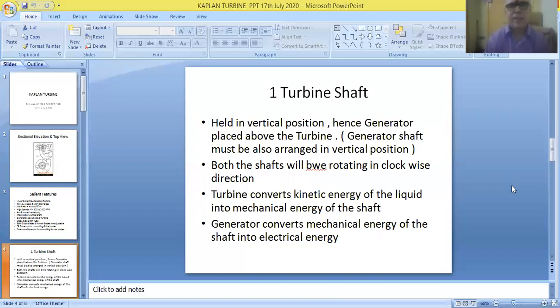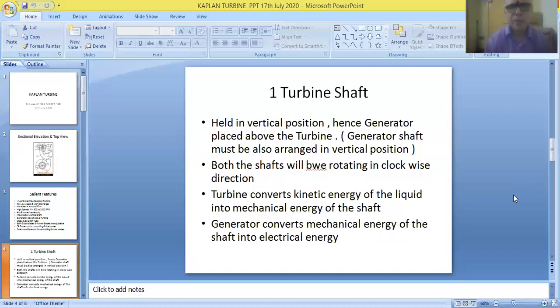And we can make a note of these components. The first one is the turbine shaft held in vertical position. The generator is placed above the turbine, so both the shafts will be held in vertical position. Both the shafts will be rotating in clockwise direction.